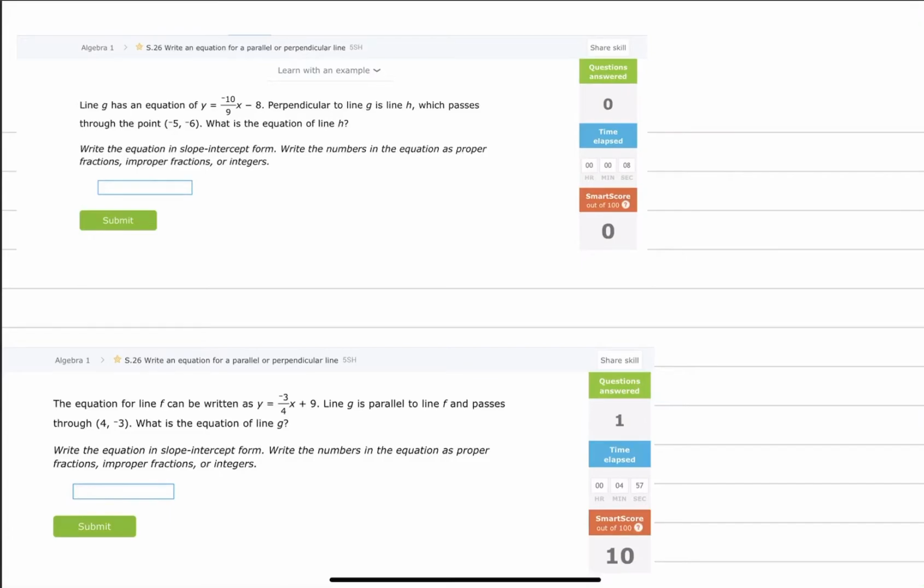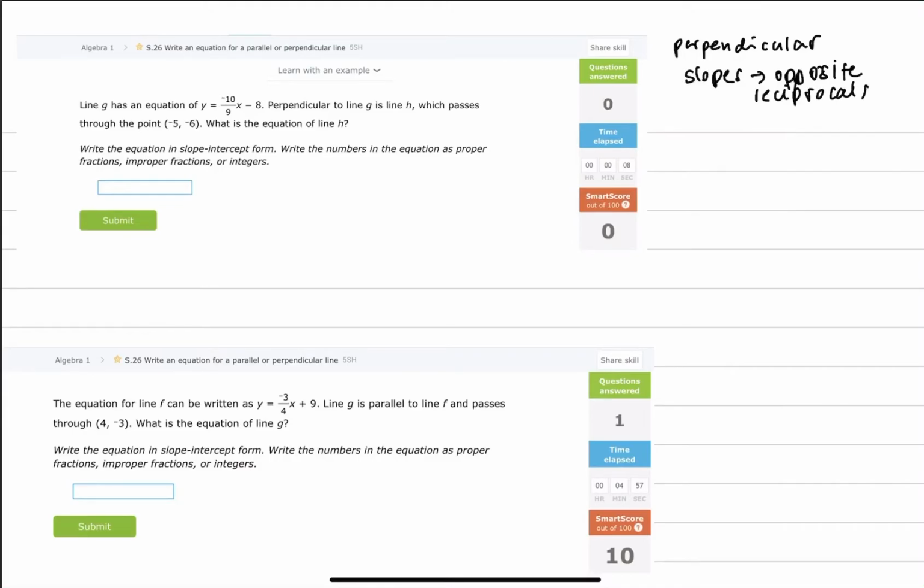Number one, if the lines are perpendicular, then the slopes are opposite reciprocals. So step one, you always have to find the slope.